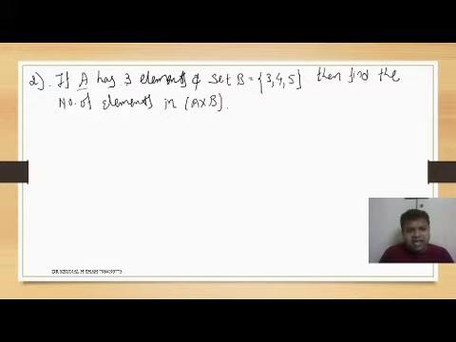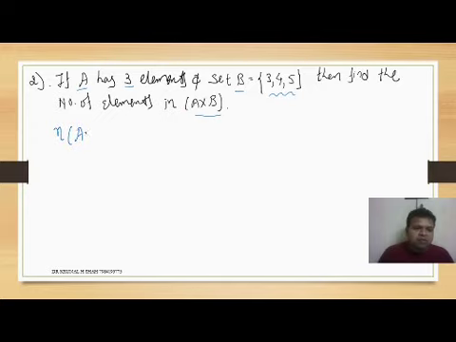If A has 3 elements and set B has 3, 4, 5, then find the number of elements in A cross B. So A has 3 elements and set B has 3, 4, 5, so how many elements does it have? 1, 2, 3. Once again 3 elements. Here we are going to use a formula like this.